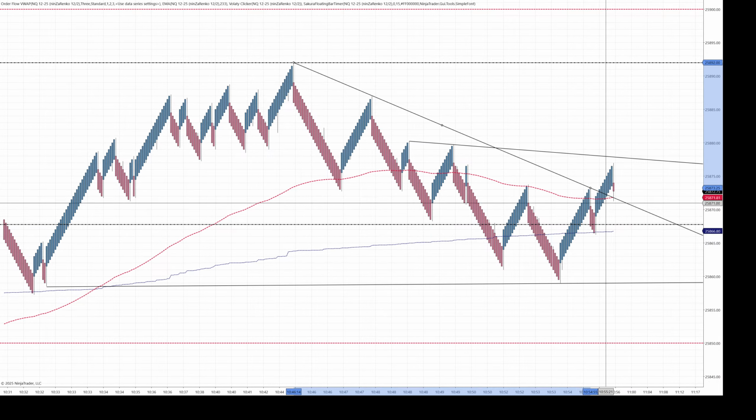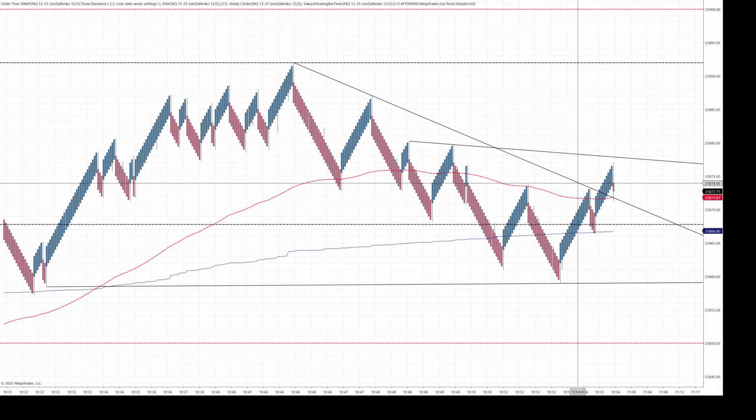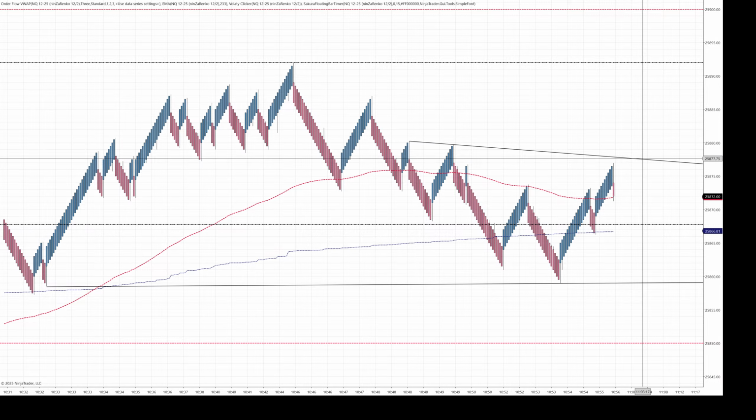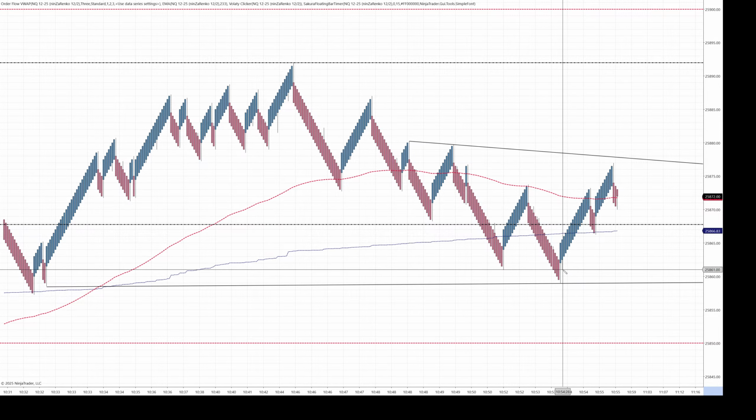And then we couldn't take this reversal to the upside because of this trend line, which we did break, but we also have this trend line here. So we're in a tighter range.